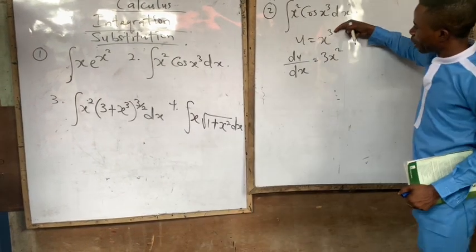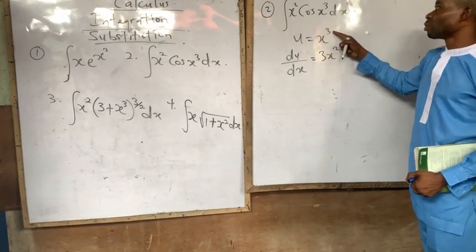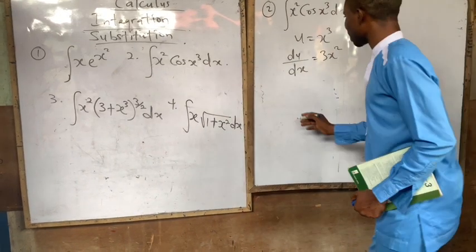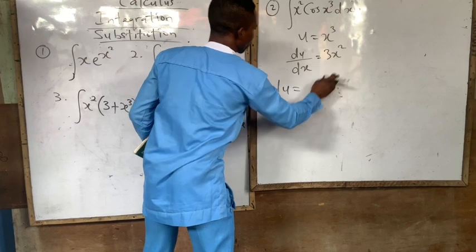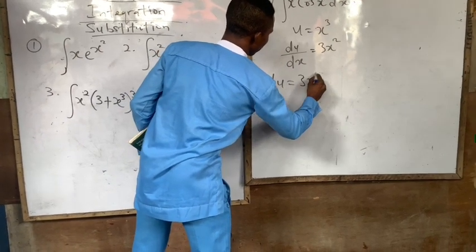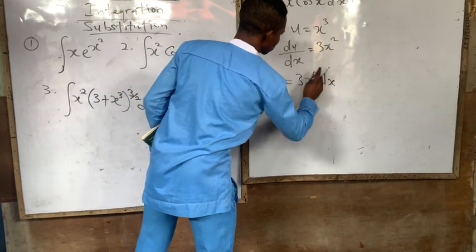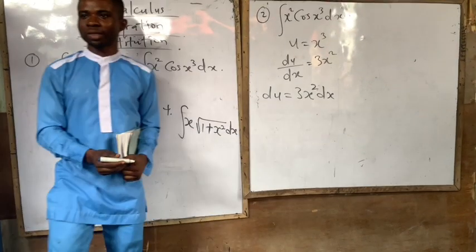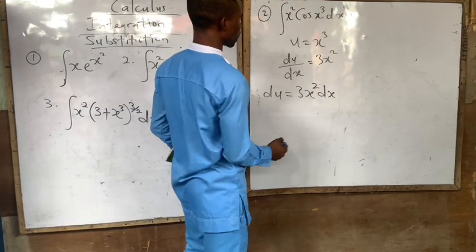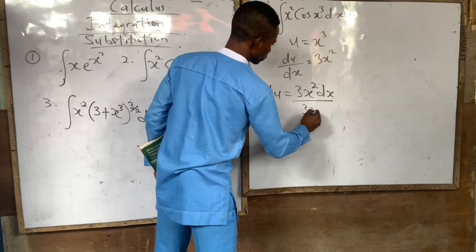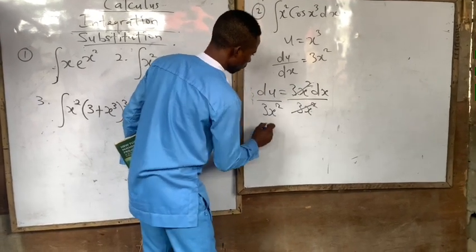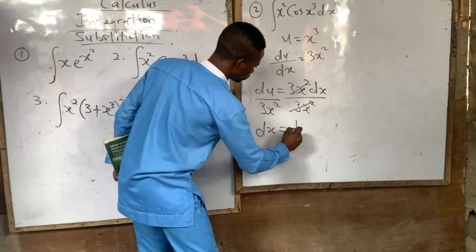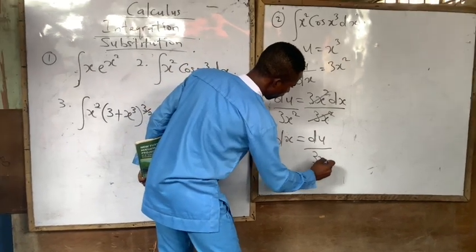We are going to use this power to multiply, and we remove 1 from the power. So that means our du equals, we cross multiply, 3x squared dx. That means we are looking for dx. It is all over 3x squared. This cancels this. That means our dx equals du all over 3x squared.